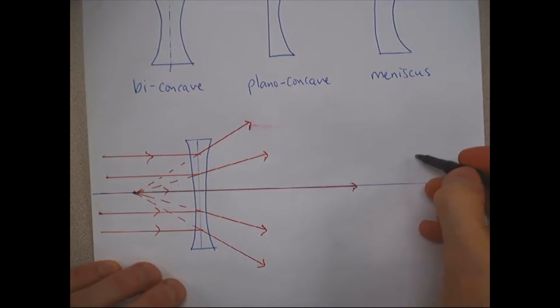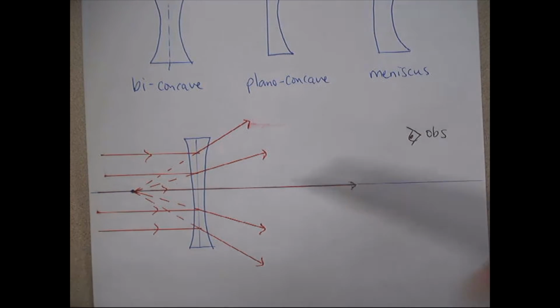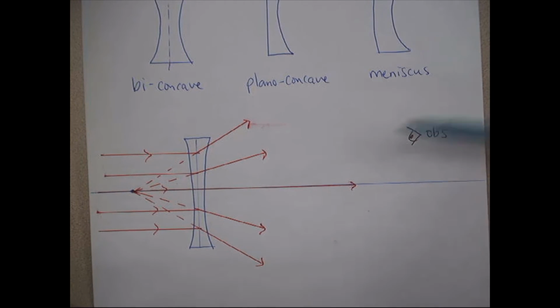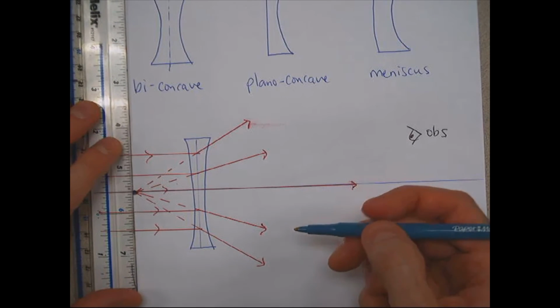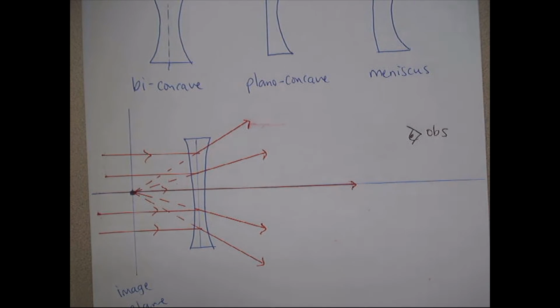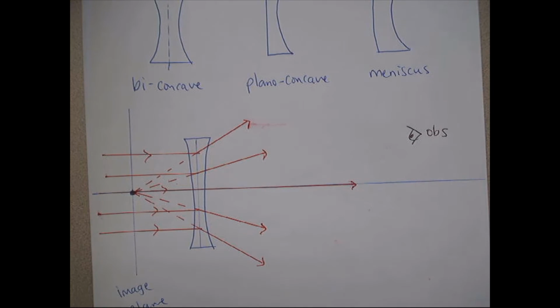And if you were an observer out here, and you use the special converging lens in your eyeball to focus these diverging light rays down onto your retina, you are going to envision an image which is here. So this is your image plane. So your image of that distant object will appear to be on the far side of this lens, but much closer to you than the distant object appears.